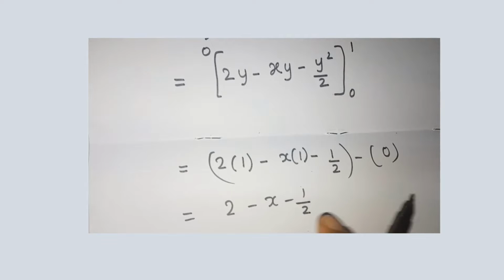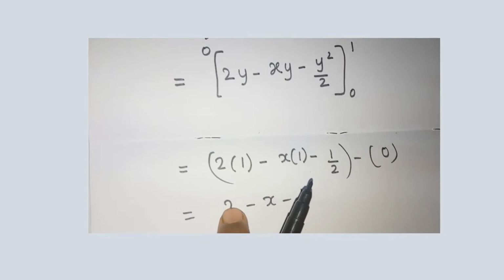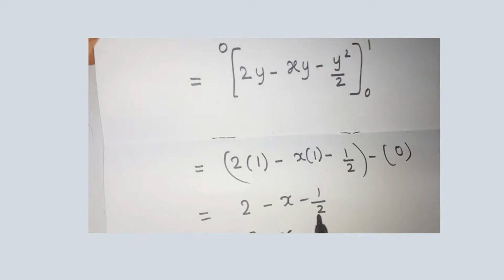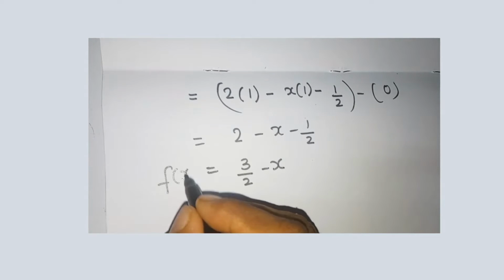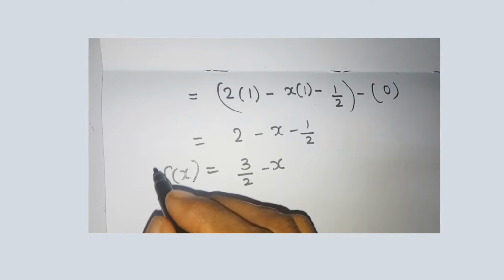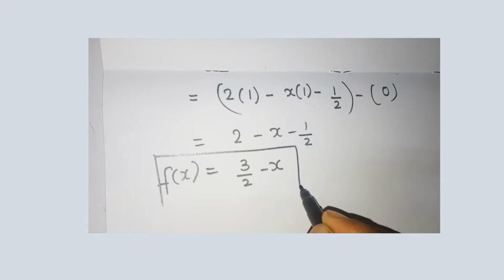Next, 2 into 1 is 2 minus x minus 1 by 2. 2 into 2 is 4, 4 minus 1 is 3, so this is 3 by 2 minus x. This is the marginal function of x. Now I have obtained the marginal function of x.